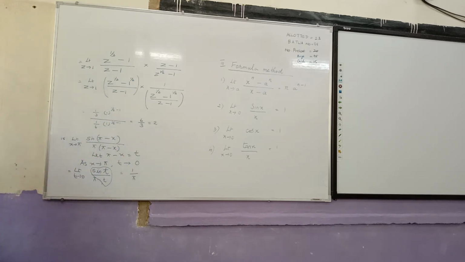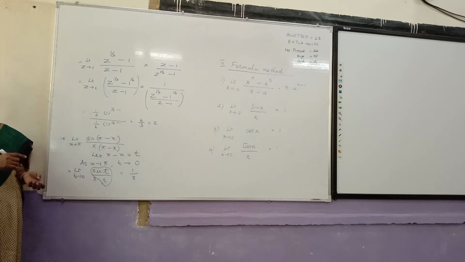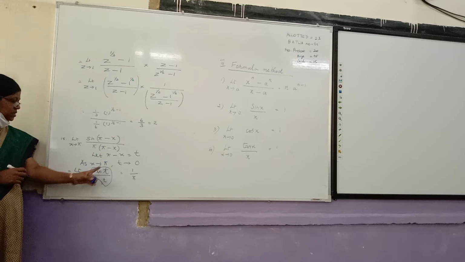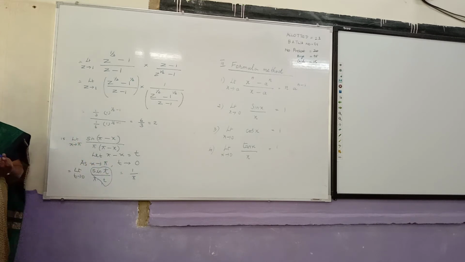That you have to remember. Sin x by x is always 1, when the limit is x tends to 0. That's why I told you to write the limit. Without the limit you cannot say this is 1. You have to write the limit till you substitute. Now I substituted, so this becomes 1. Pi is there, so 1 by pi.